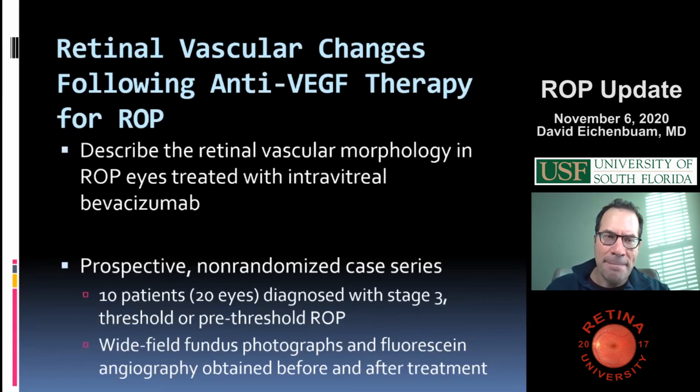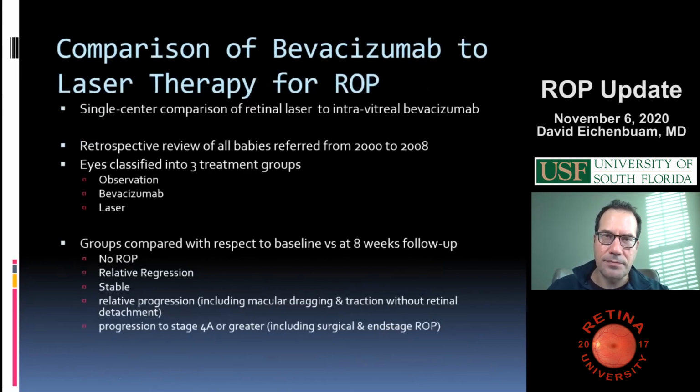In Miami, they have a beautiful imaging system for the NICU and for the operating room for angiography and fundus photography. But the avascular anterior retina is something that you see before and after the anti-angiogenic treatment. You can also see it, of course, on your indirects. It's striking how the retina remains avascular following the anti-angiogenic therapy.